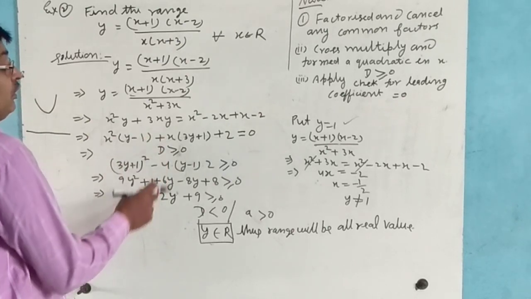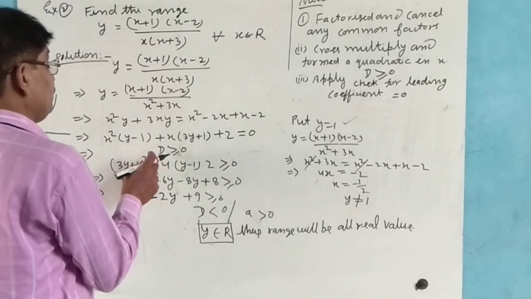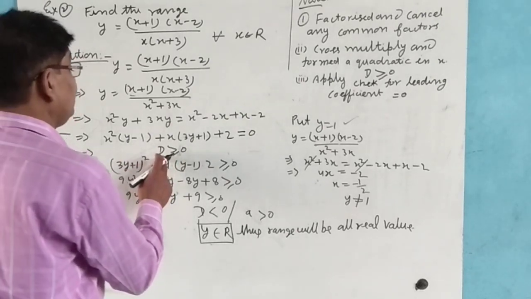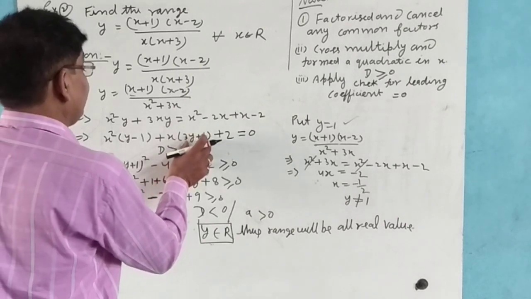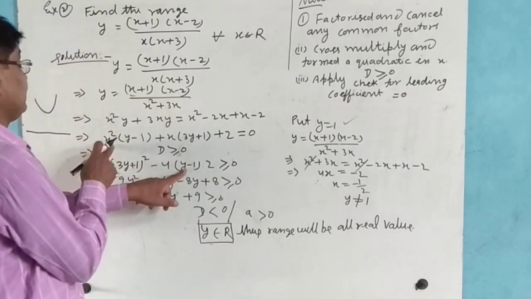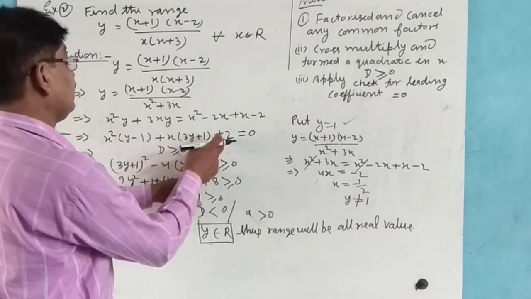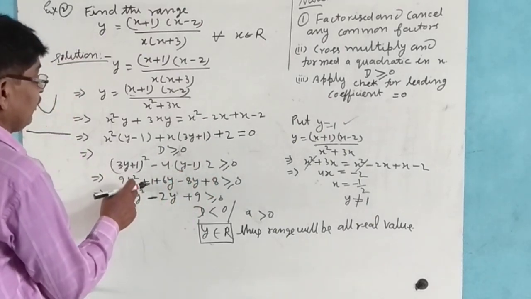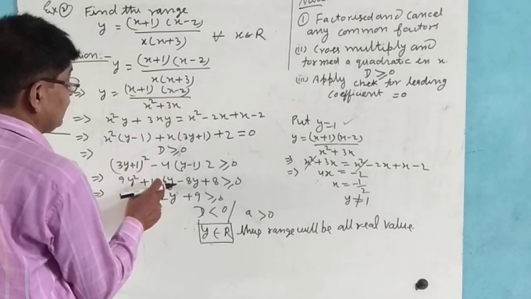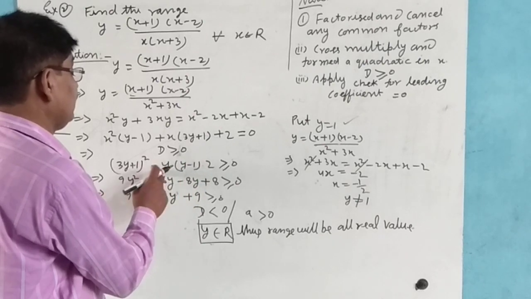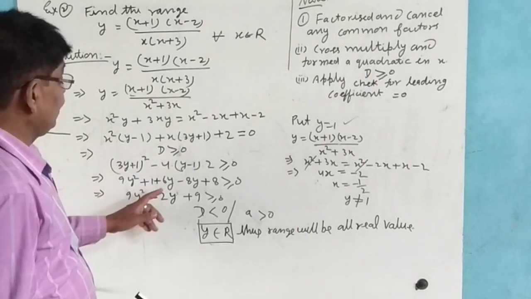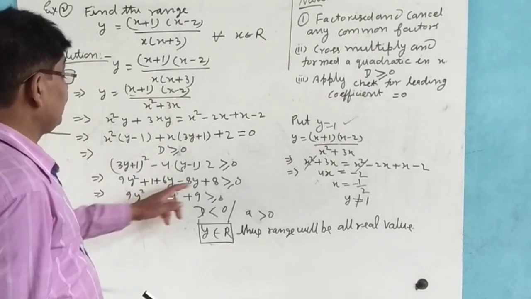D greater than or equal to 0. D means b square minus 4ac. b is the coefficient of x, (3y plus 1) square minus 4 times a, the coefficient of x square, and that is a constant term. 3 times 3 is 9y square plus 1 plus 2y into product of this 3 times 2, 6y, and this 4 times 2 is 8, minus 8y and plus 8, that is 9y square minus 2y plus 9.